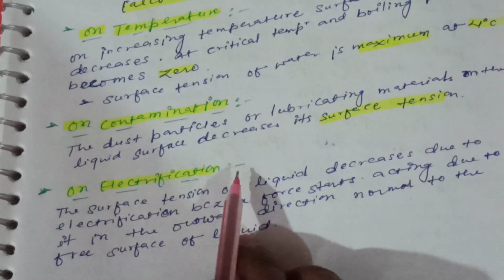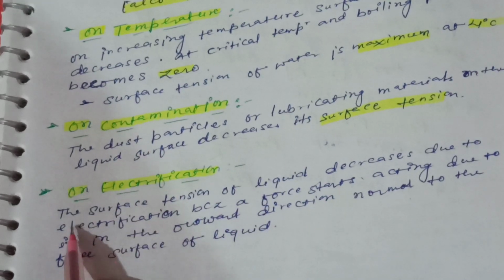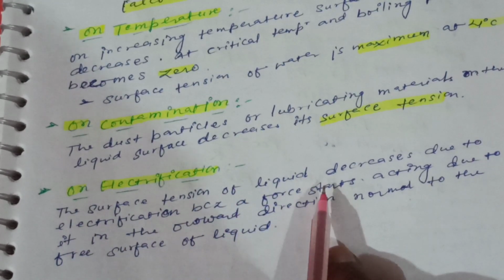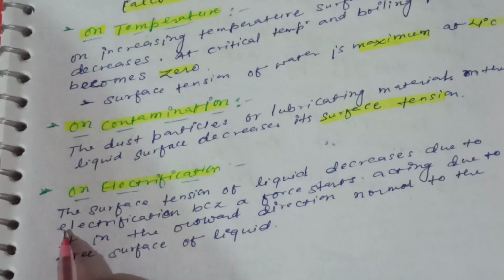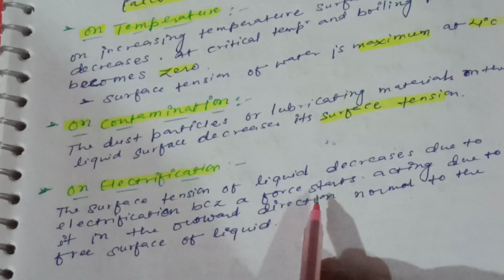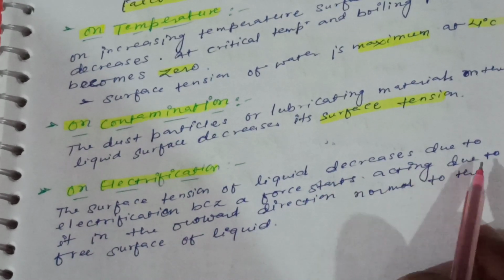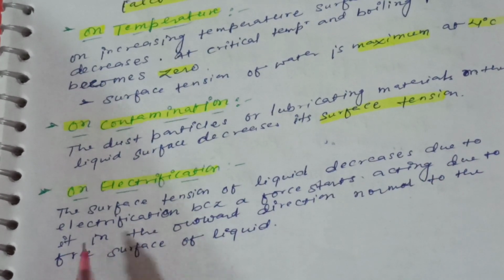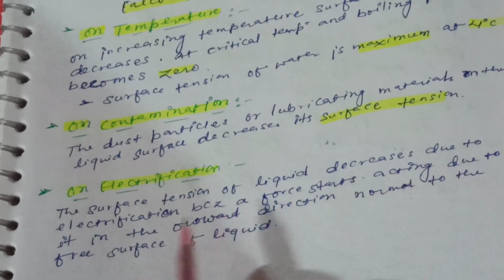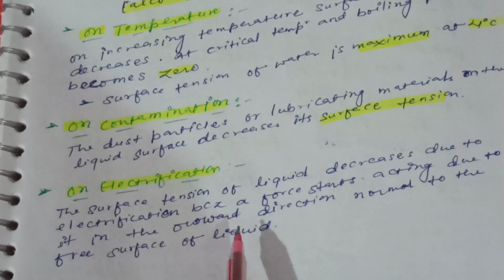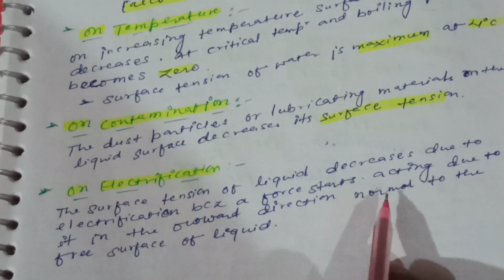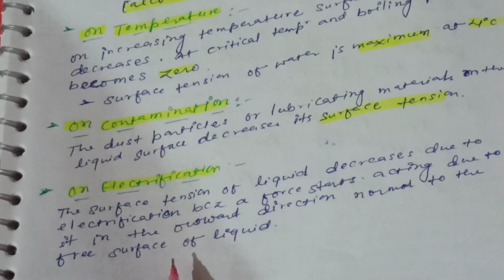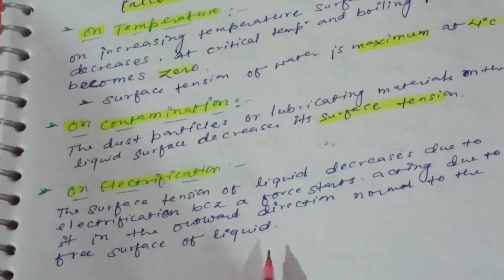On electrification: the surface tension of a liquid decreases due to electrification because a force starts acting on it in the outward direction normal to the free surface of the liquid.